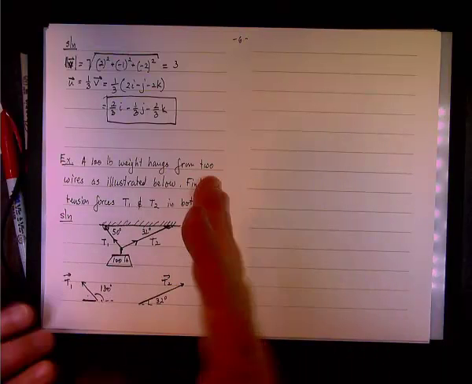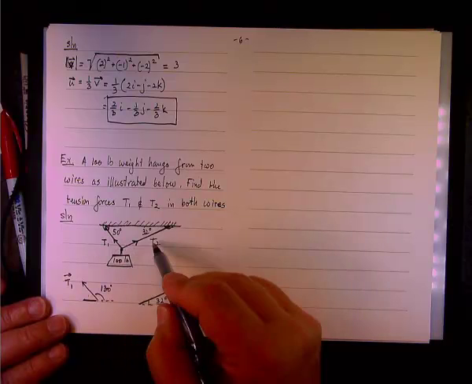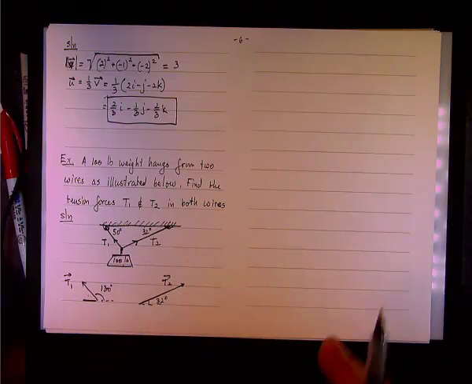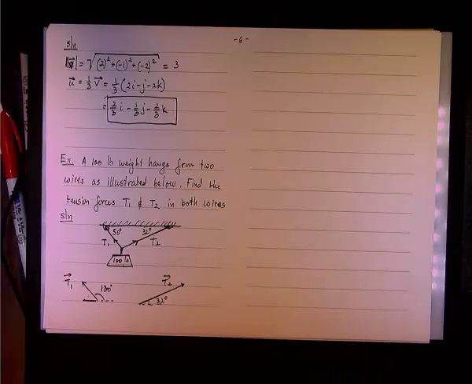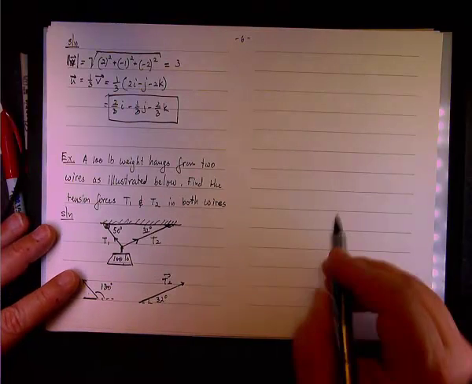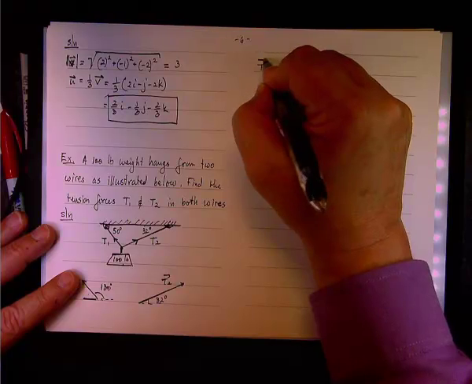So what are the horizontal components? One thing that we know is that the sum of the vertical components of T1 and T2 will equal the weight, and the horizontal components of T1 and T2 balance each other. That's from physics. If we do a free body diagram, that's what we come up with.